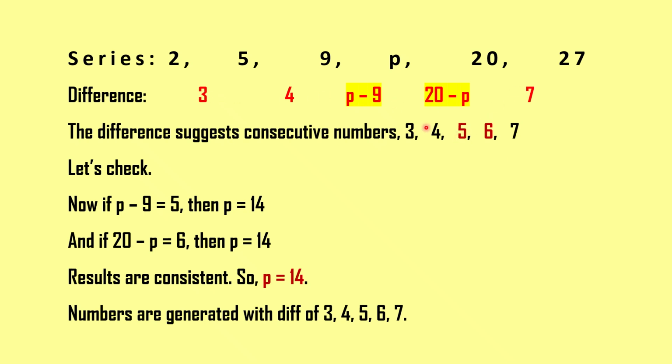Taking P minus 9 equal to 5 and 20 minus P equal to 6, in both the cases we are getting P equal to 14. The results are consistent. We are not getting two different results. So numbers are generated with difference of 3, 4, 5, 6, 7. So the required missing number P is 14.